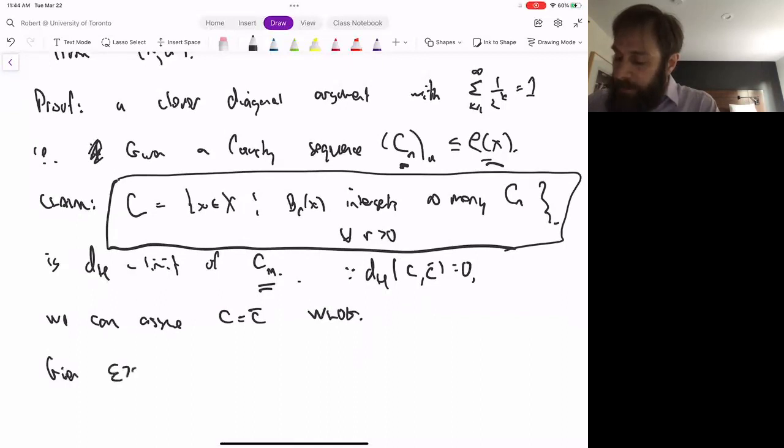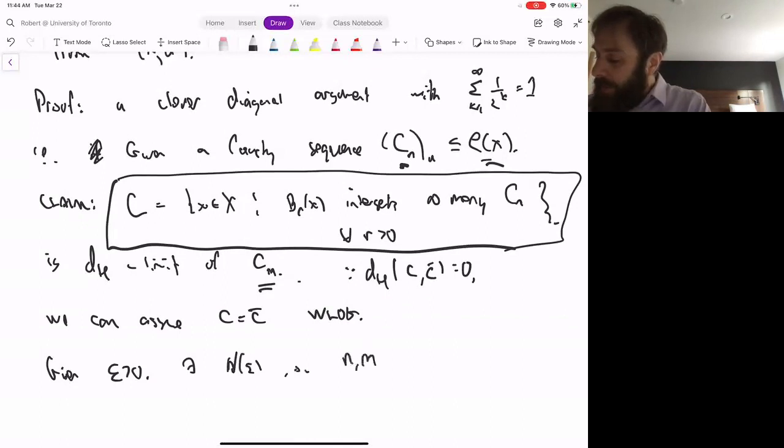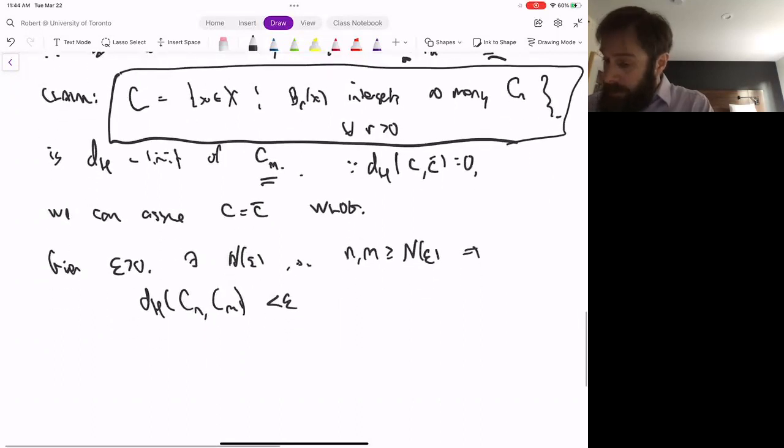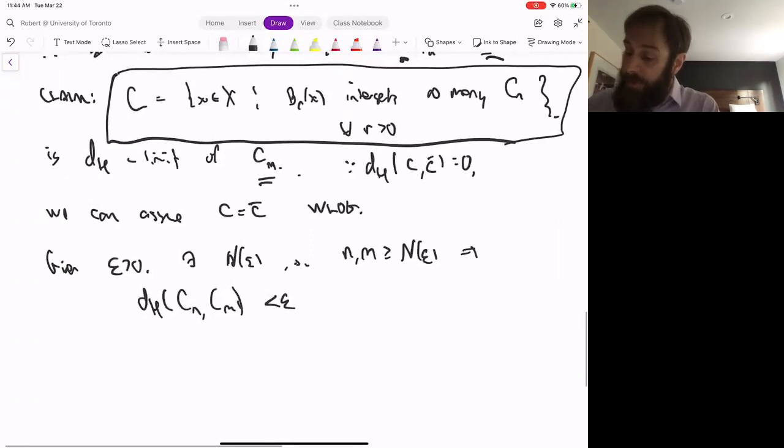Given any epsilon positive, of course, I know there's a capital N depending on epsilon such that n, m bigger than capital N implies the Hausdorff distance between C_n and C_m is less than epsilon. And then I want to deduce from this something about the Hausdorff distance of one of these to C.